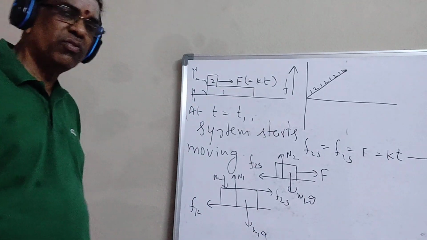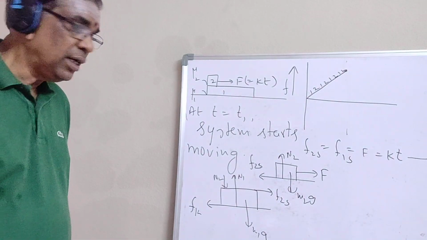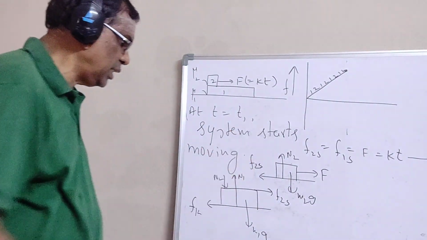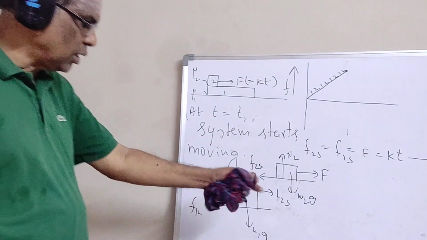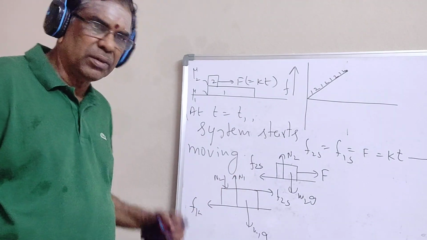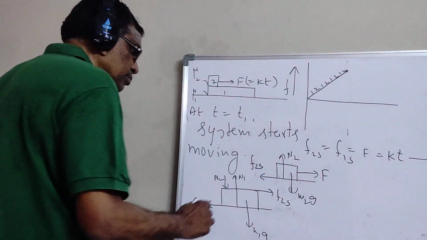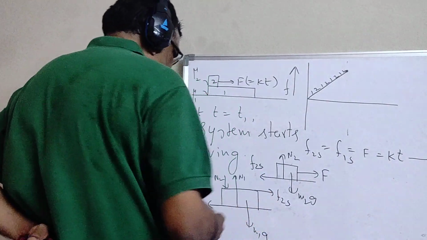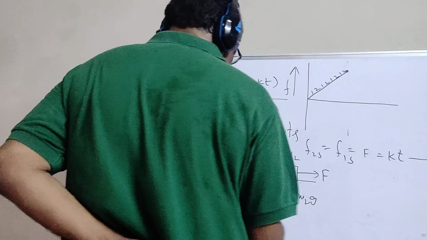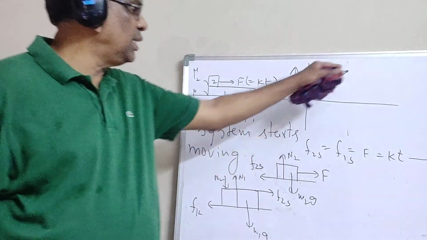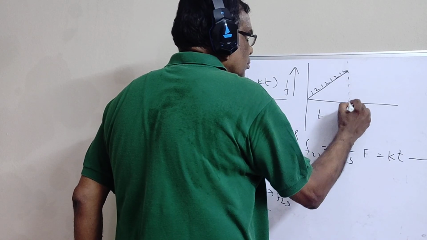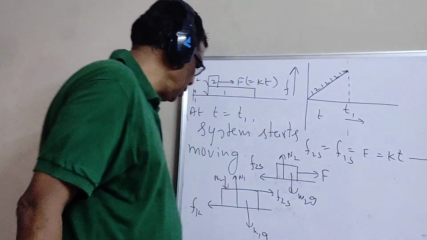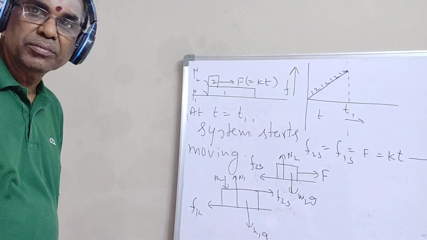This becomes F1L. And T is equal to T1. You get the point? Now it starts moving. So, what is the equation that you write? It's a scenario. At this instant, at T1, this is the scenario.